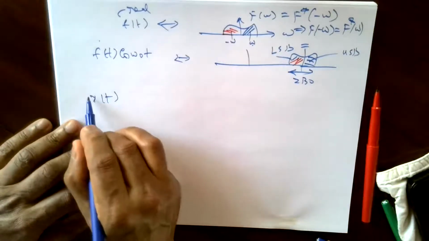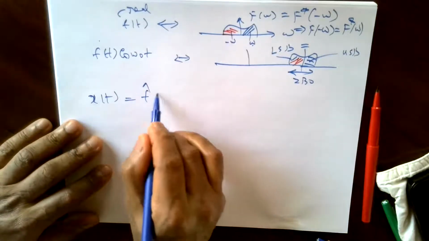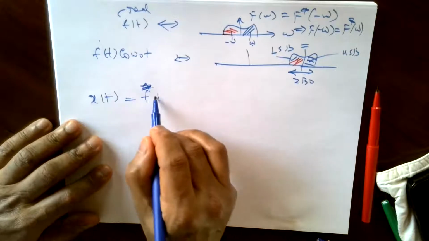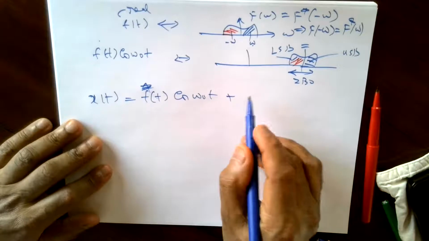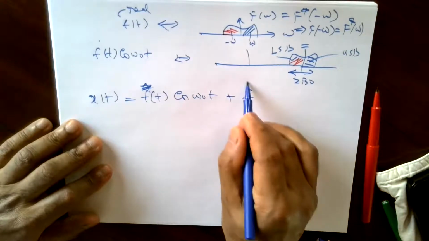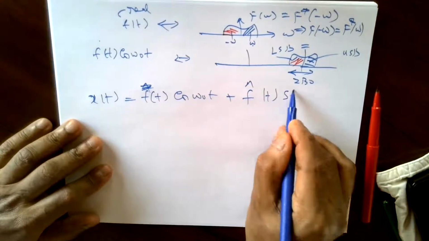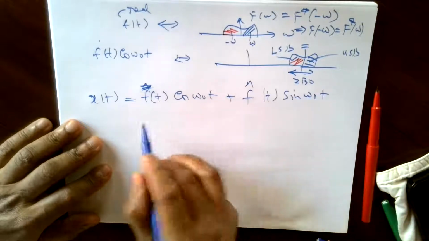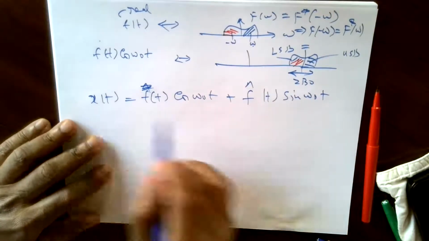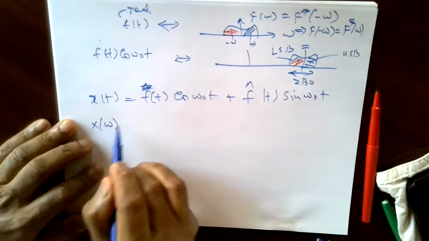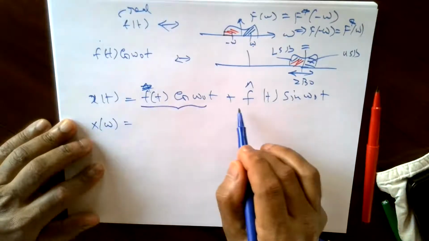So very quickly, if I write the signal as ft cos omega naught t plus f hat of t sin omega naught t, then if you do the transform, we can do it quickly. X omega is the transform of each one of these.